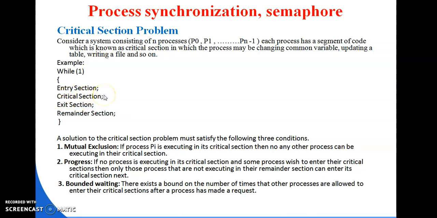The critical section is where the value of the variable is actually changed, a table is updated, or a file is written. Then comes the exit section, and everything else is known as the remainder section. The main thing is that when one process runs in its critical section, no other process is allowed in its own critical section. So the critical section problem is a mutual exclusion matter.